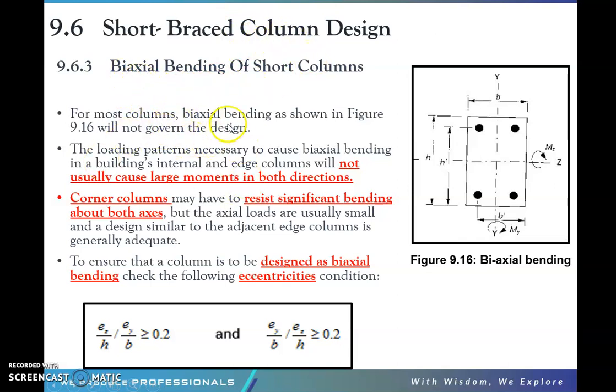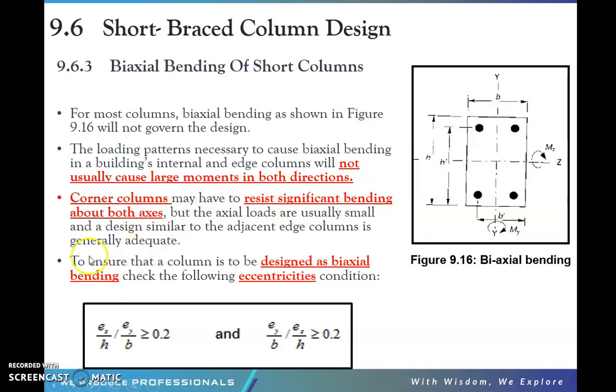Okay, for most column, biaxial bending as shown in this figure will not govern the design. The loading pattern necessary to cause biaxial bending in a building internal and edge column will not usually cause a large moment in both directions. The corner column may have to resist the significant bending about both axes.